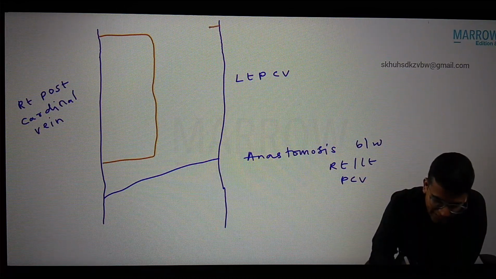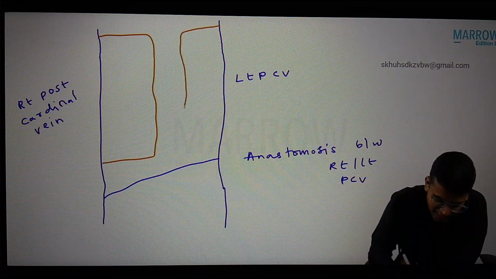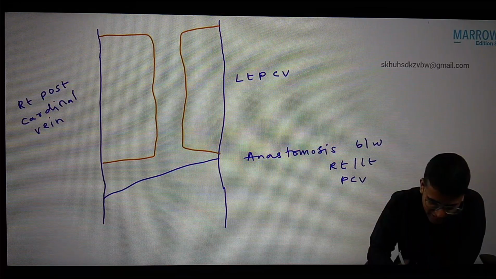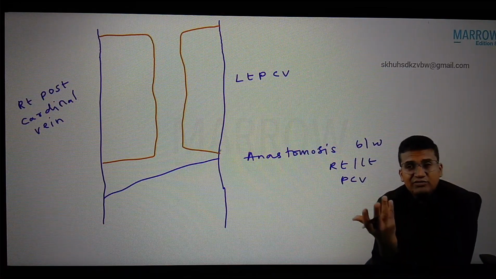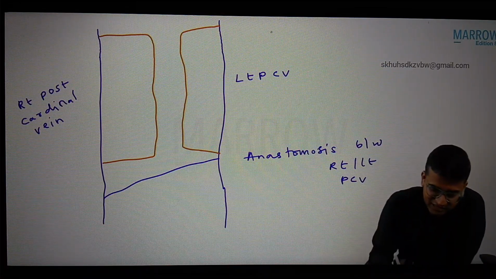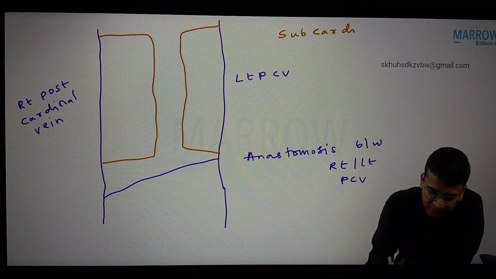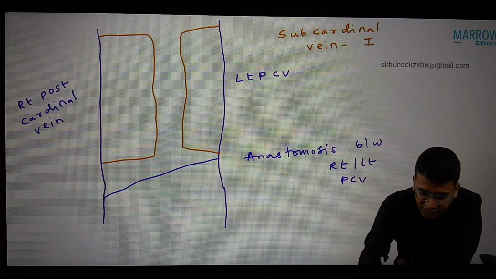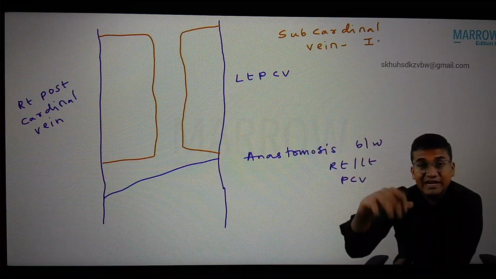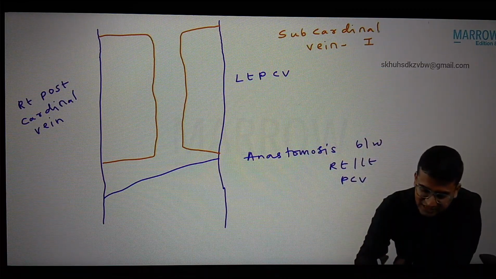Now subcardinal vein drain the renal segment. That is, it drain the renal part of the renal segment of IVC. So the orange color is our subcardinal vein. Now the subcardinal vein helps in the formation of the renal segment of IVC.